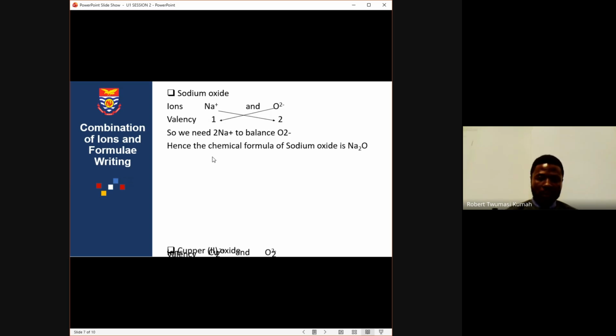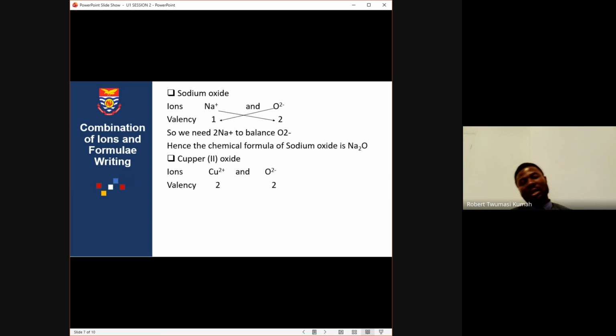So let's move on to look at another one. This time around we have copper 2 oxide. Copper 2 oxide. What are the ions present? We have Cu2+ and O2-. Just as we did for the sodium, we're going to do the same for this.